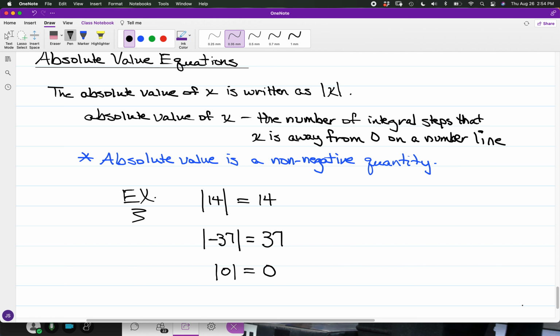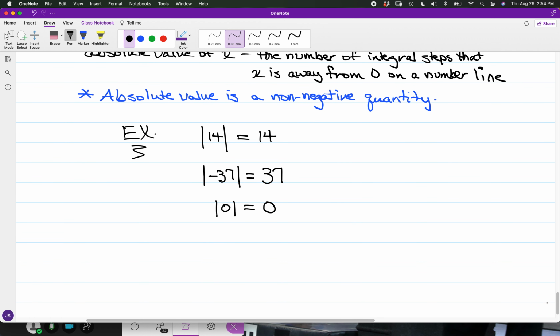Now where the equations come in regarding absolute value, there is a rule. Say that we have that k is a non-negative value.